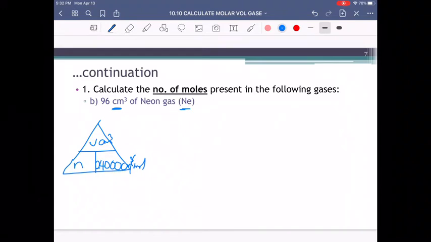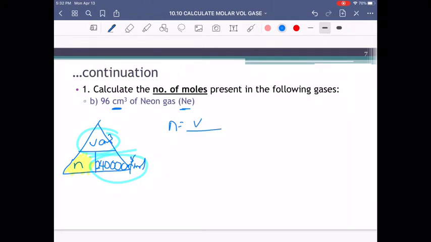If you want to find the number of moles, let me shade. It is volume divided by 24,000. So let's write the formula. Number of moles equals volume over 24,000 cm³ per mole.